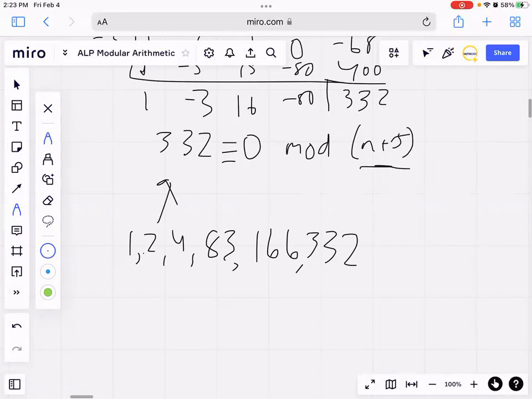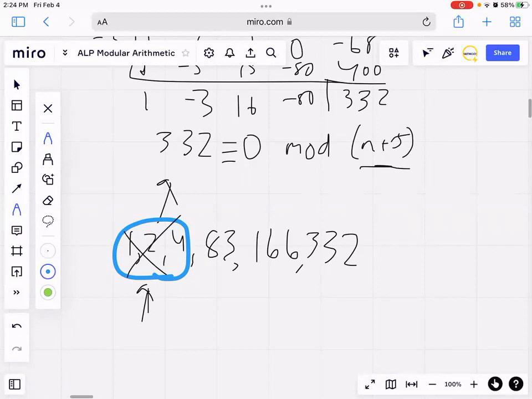Note that 1, 2, and 4, we can't use these in our final tally for values of n, because we need all these numbers minus 5, which is negative, and we're just looking for positive integers n, so these are all canceled out.